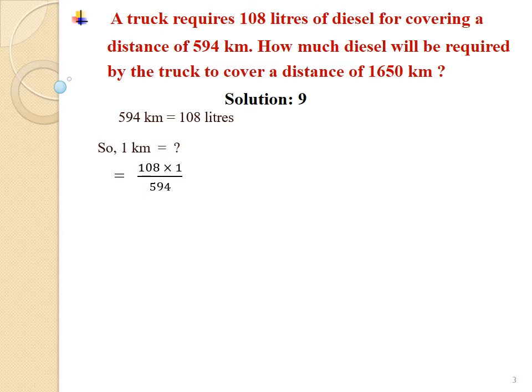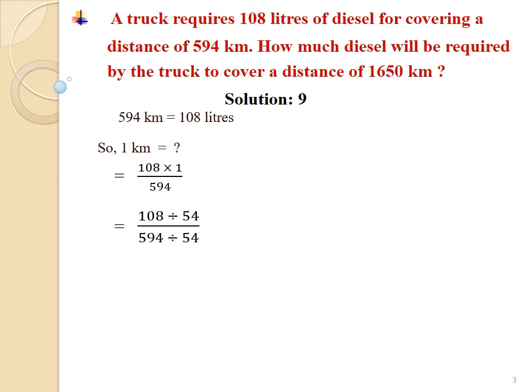Now multiplying numerator with numerator, that is 108 by 1, and keeping denominator 594 same, we get 108 upon 594.